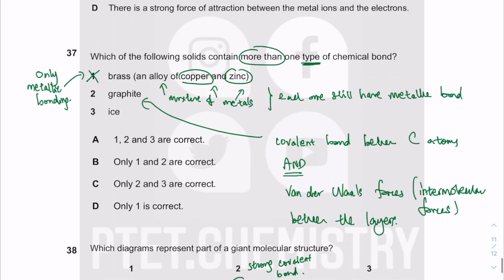Okay, so 2 is definitely correct, and you don't really learn ice in O level, but since 1 is incorrect and 2 is correct, A is out, B is out, D is out. A lot of these you can do by logic.